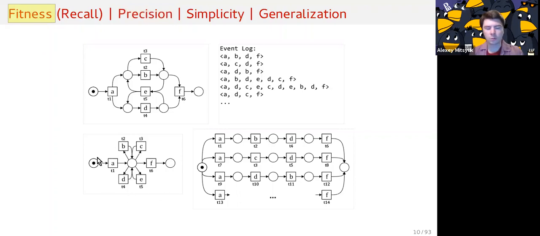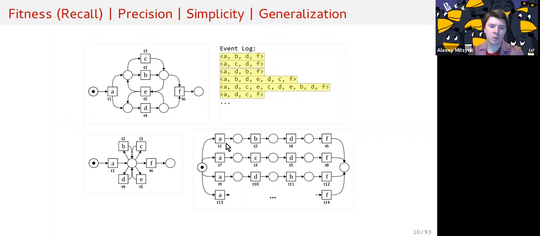This model is able to replay all traces from this event log, but it is very imprecise. It allows many more additional behaviors. For example, we can have many repetitions of different transitions, which will lead to very long but unnatural traces.